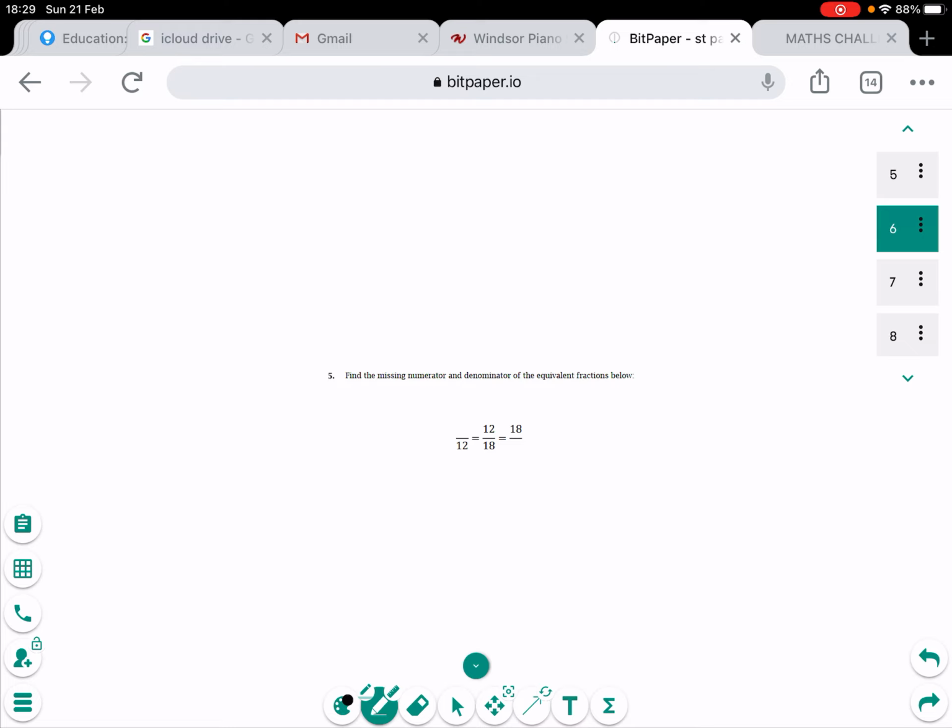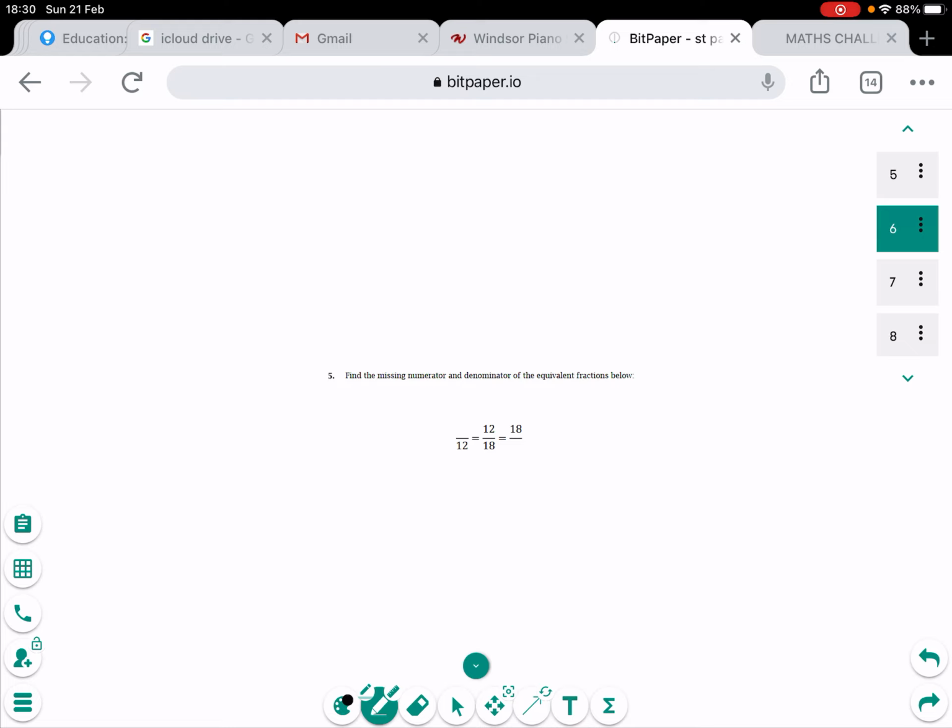For this question, what you can do is change the numerator and denominator.